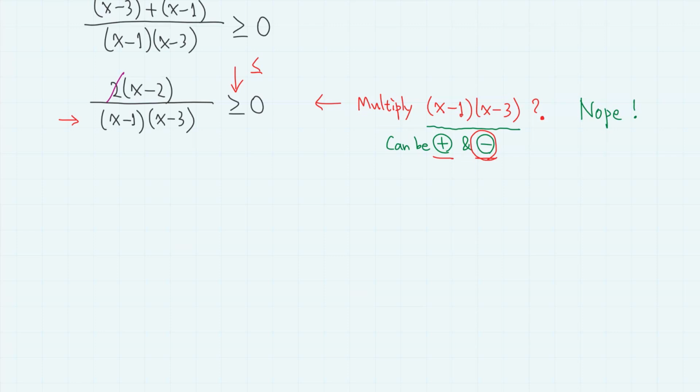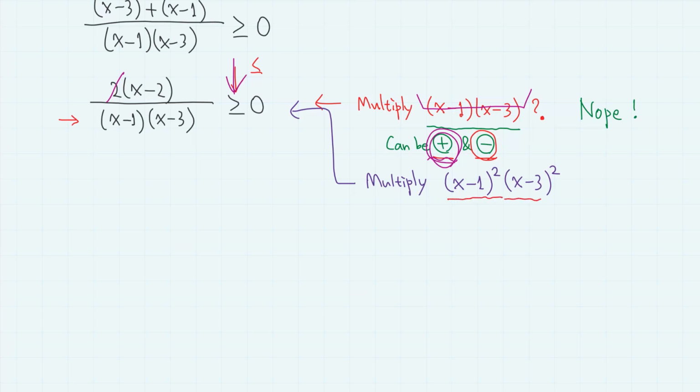The method we can use in this situation is as follows. We don't need to care about the direction of the inequality if we only multiply positive values. Therefore, instead of x minus 1 times x minus 3, we multiply x minus 1 squared times x minus 3 squared, which stays positive all the time.